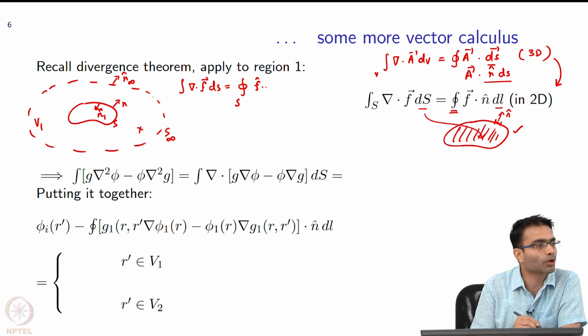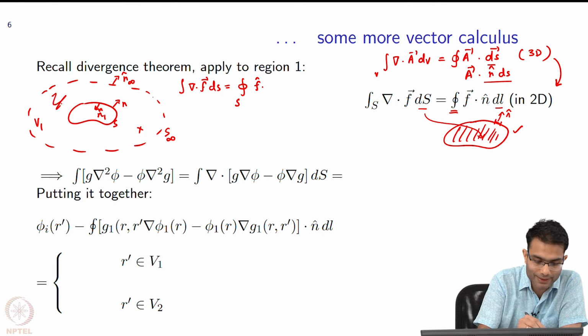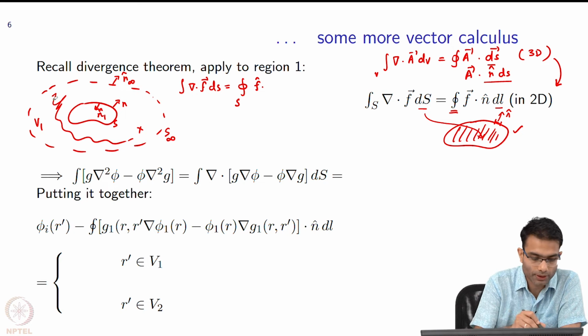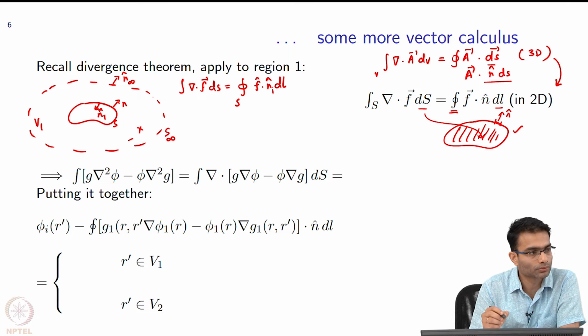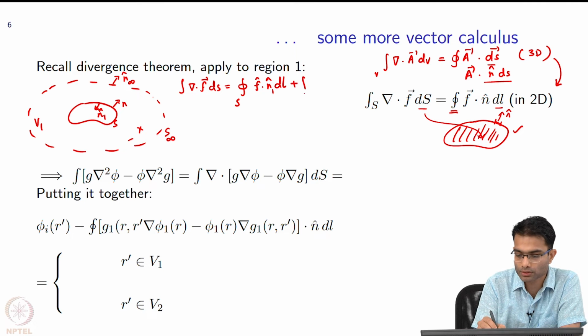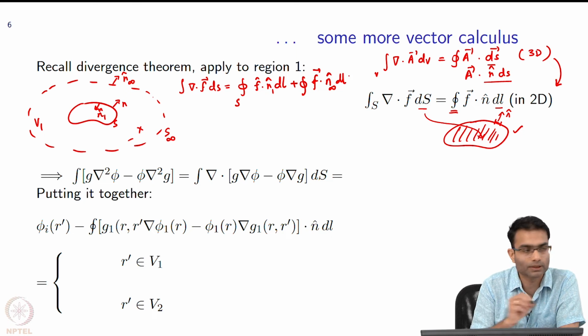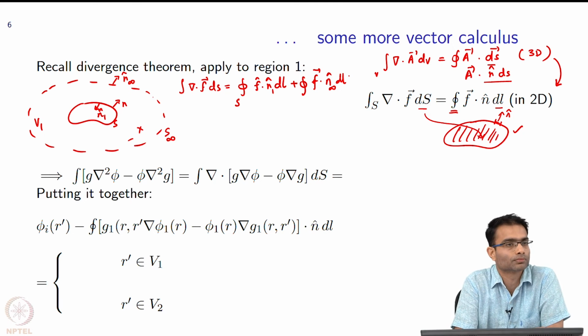N1, because I am looking at all the flux that is leaving this volume. So, this is N1, outward flux, plus F dot N infinity dl, just straightforward budgeting of the outfluxes.